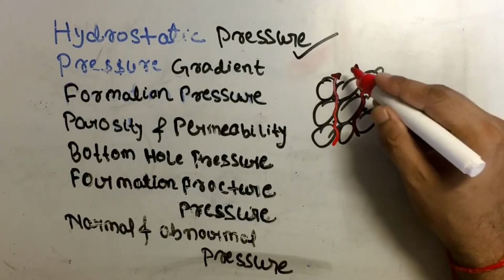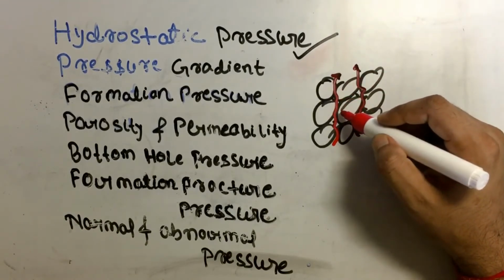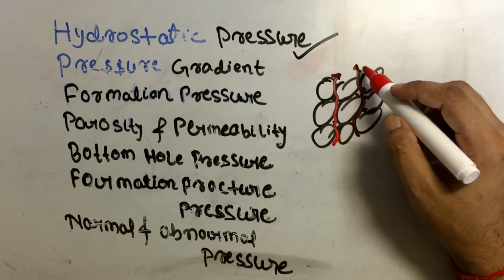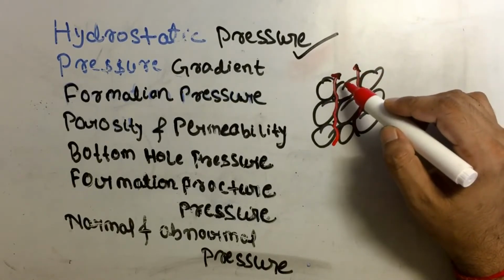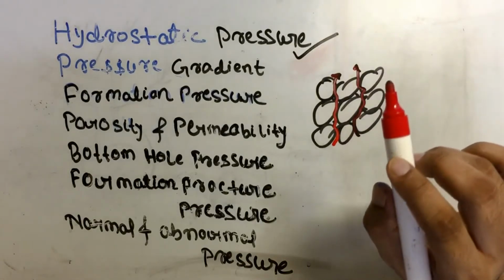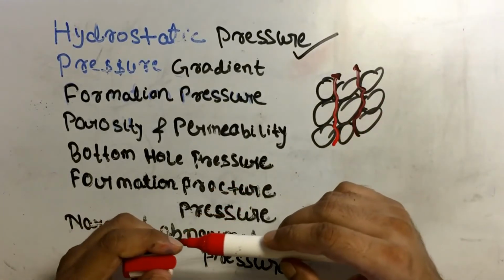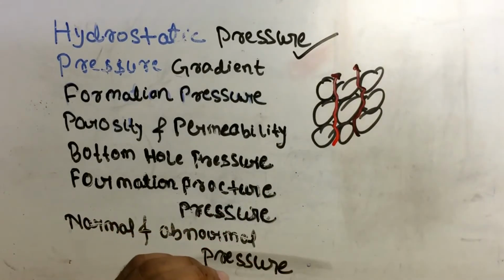If the grains do not allow much fluid, then the permeability will be low. If they allow fluid to flow through their space, then permeability will be high. I hope you understood porosity and permeability.